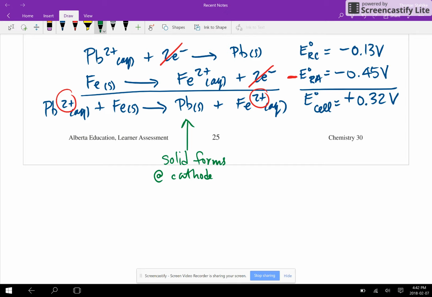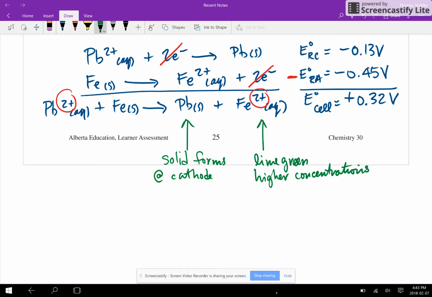But if we look at page 10 of our data booklet, we can see here that the iron 2 plus is colorless at low concentrations, but it could start to form a lime green color at higher concentrations. And that could be evidence that the reaction is actually happening.